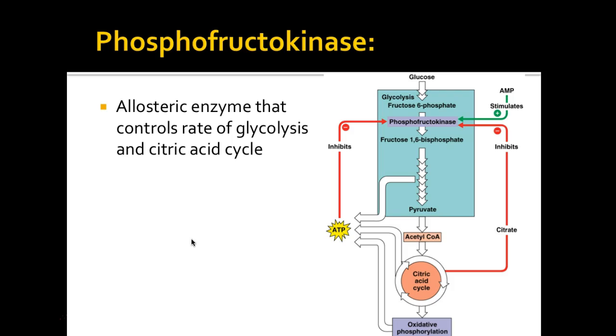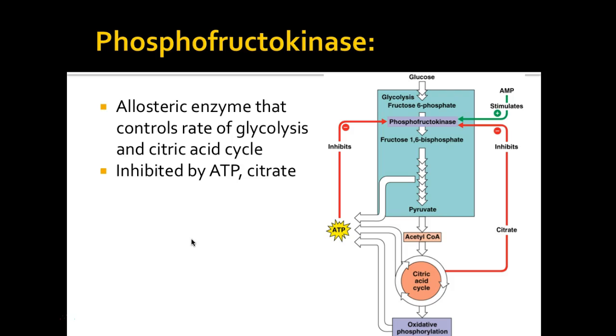Or what we see is if we start to produce a lot of citrate, citrate could come in and bind to phosphofructokinase at the allosteric site and inhibit the process from taking place. So there's that negative feedback loop mechanism to maintain the production of ATP in the process.